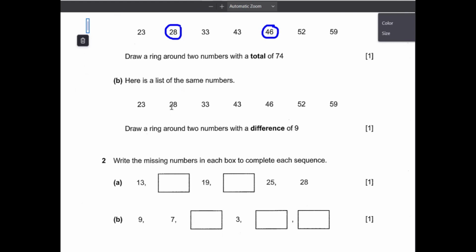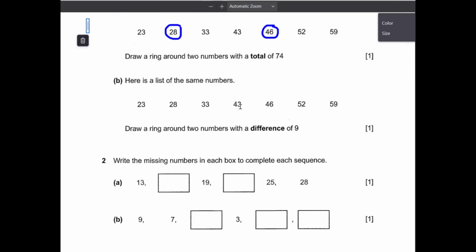Now 23 and 28, the difference between them is 5. And 23 and 33? 10. And 23 and 43? 20.